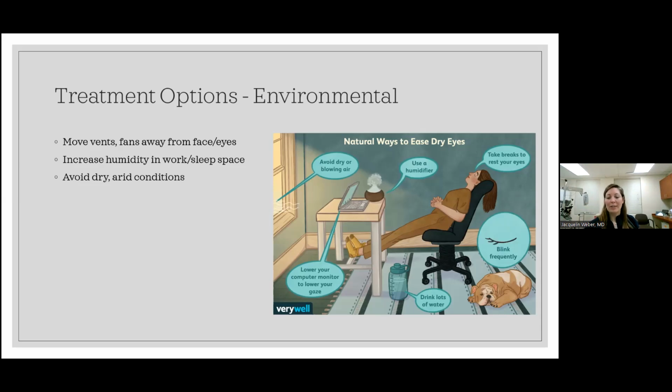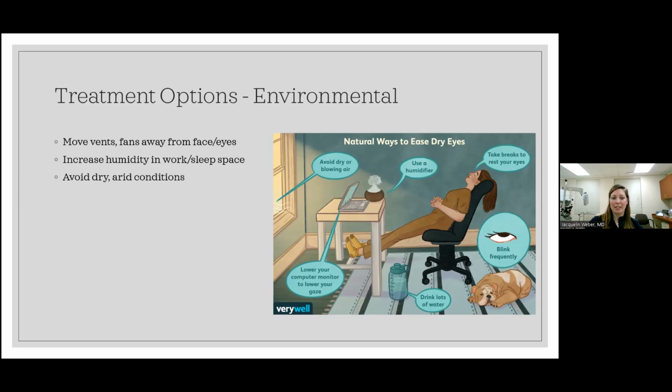You can also try to increase the humidity of your environment locally. So many patients I advise to get a humidifier to put in the bedroom and turn that on when they're sleeping to make the air more humid, which means more moist, and that will make the eyes feel more comfortable. In your workspace, you can also use a small portable humidifier, which can be helpful as well.